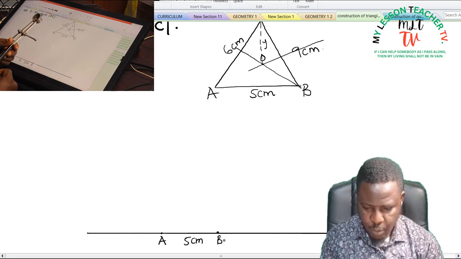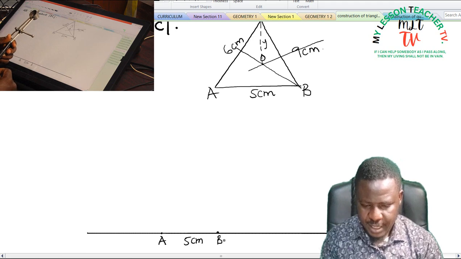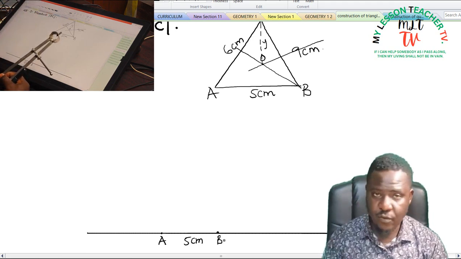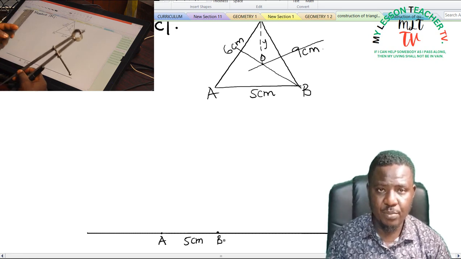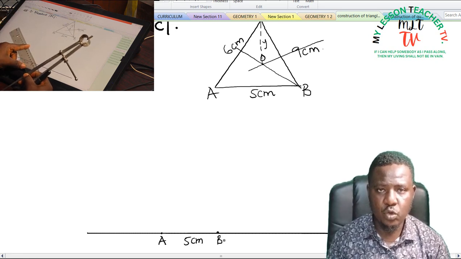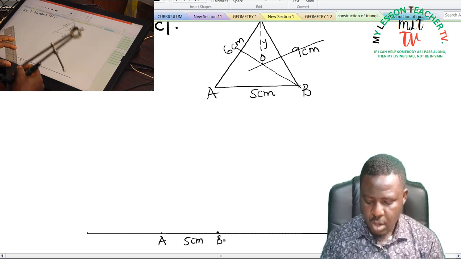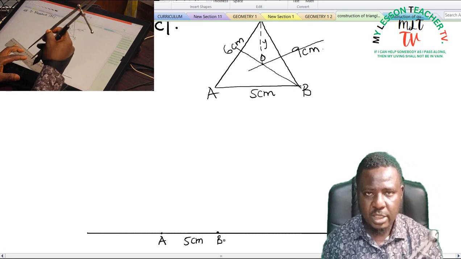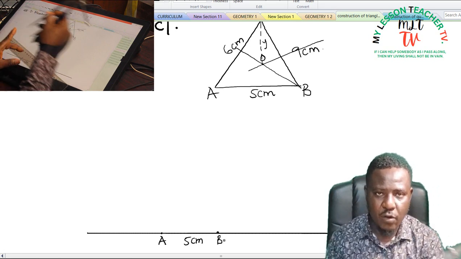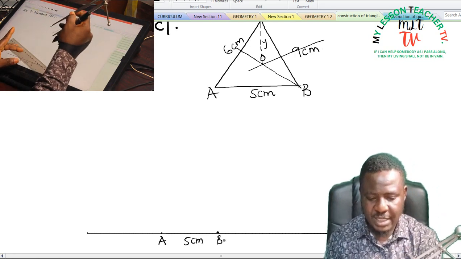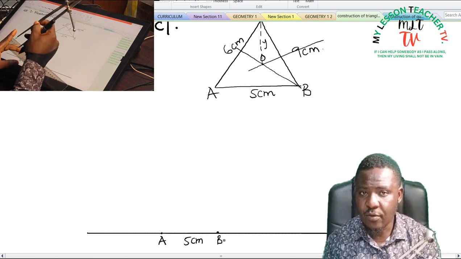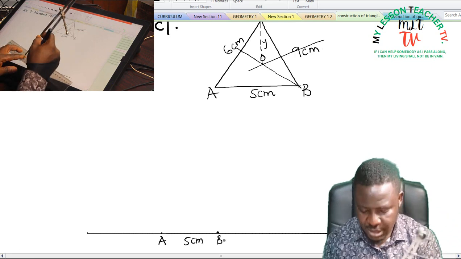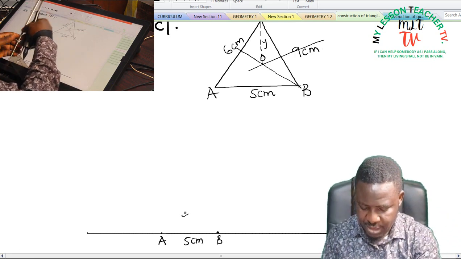Simply because point C should be 6 centimeters away from A and 9 centimeters away from B, of which it will be very difficult for you to determine other than using your compass. So with the help of a compass, it's going to give you a range of distances, 9 centimeters away from B and 6 centimeters away from A. So where they intersect gives you that point C. So I'm going to have 9 centimeters.